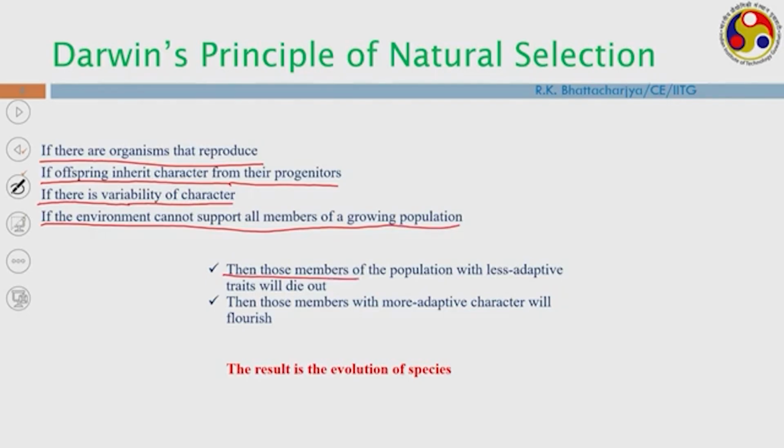Those members of the population with less adaptive traits will die out.